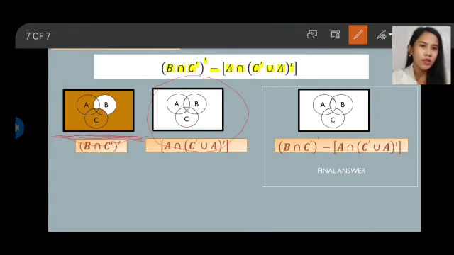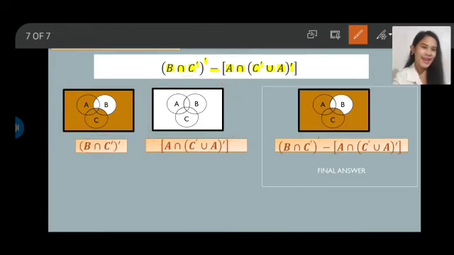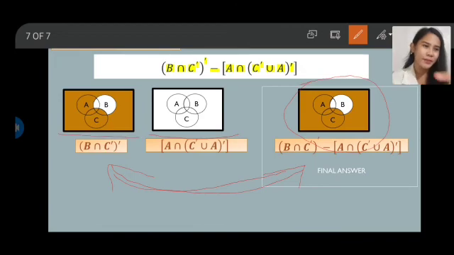So this would look like the final answer. And voila, this is the final answer. So they are the same since the one being subtracted is the no shaded part, so it will still remain as this one. That will be the final part, guys.